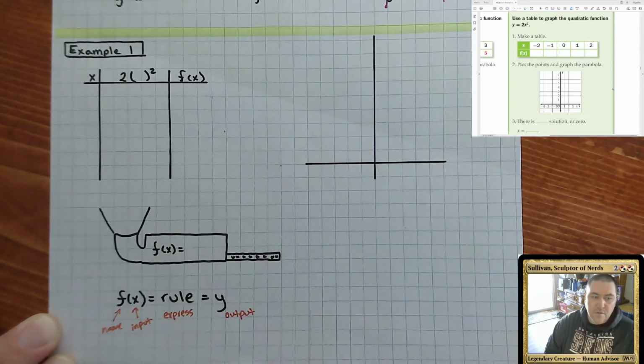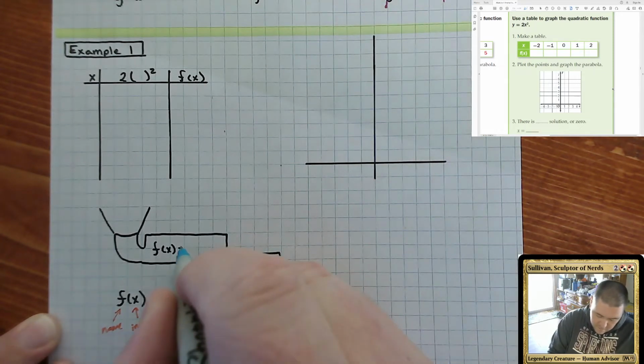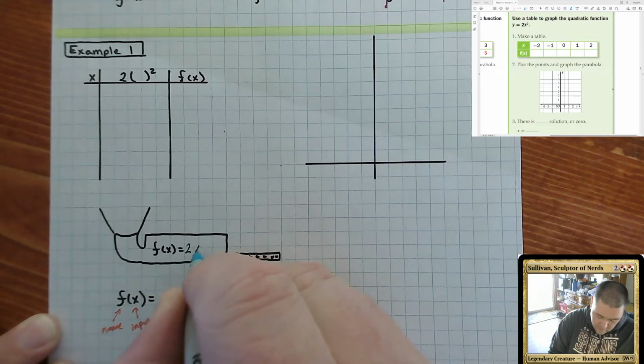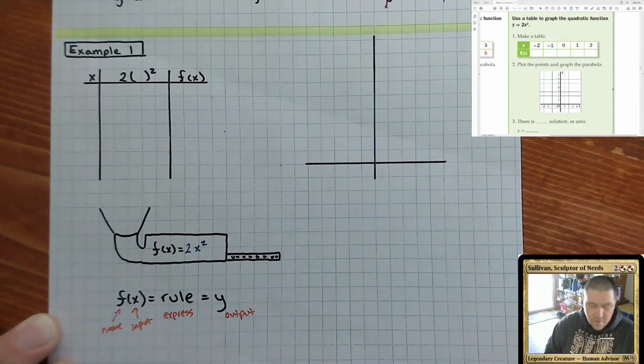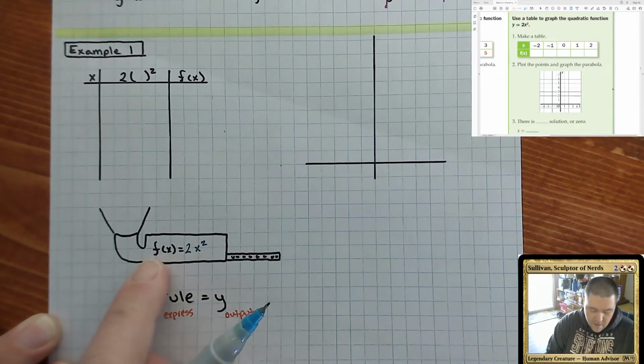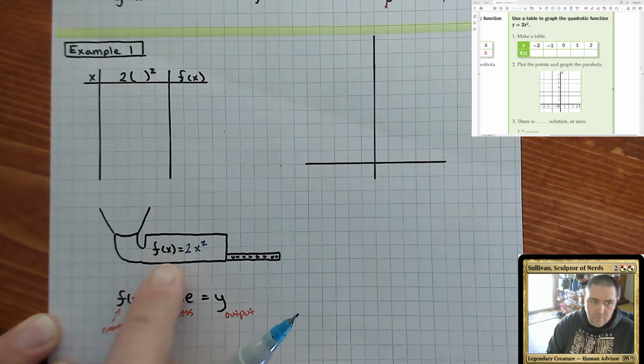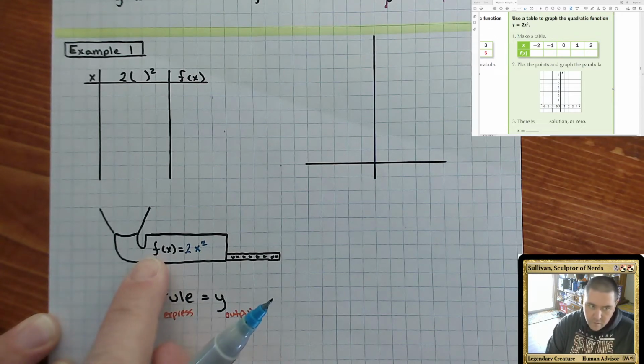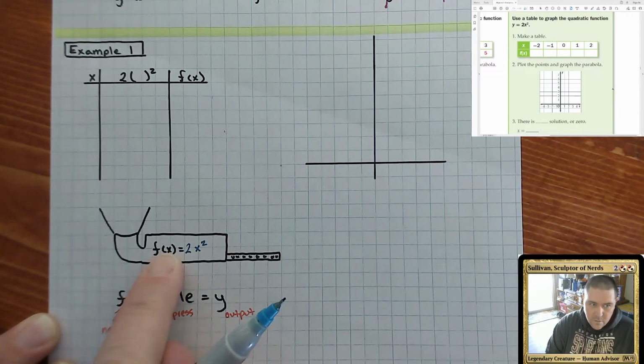You may remember seeing something like the function machine. So in this case, I'm saying 2x squared. That's my rule. F is the name of the function. Here's Frank. The machine's name is Frank. F for Frank.